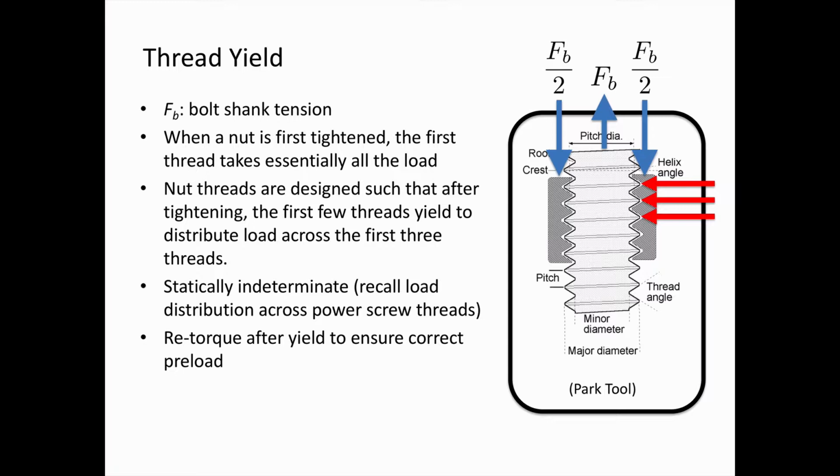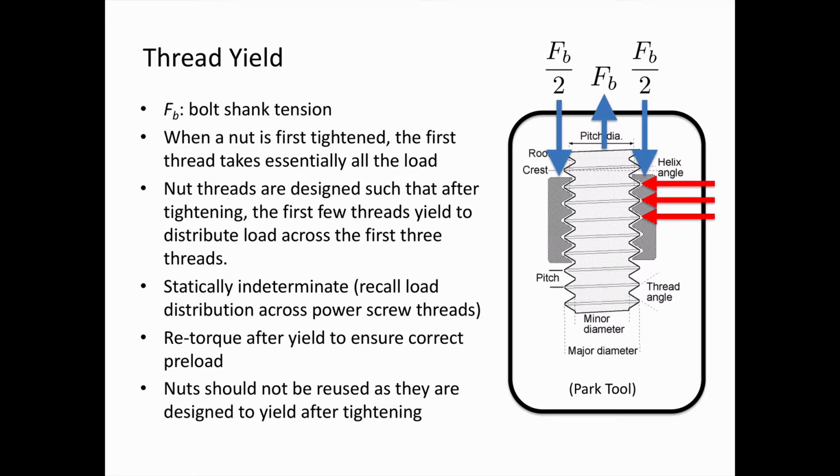For example, the automotive engine cylinder head that we saw, usually the specifications the manufacturer provides for installation of a cylinder head along with a gasket specifies the order in which the bolts are to be tightened, usually in stages, and then after the final tightening and after some time has elapsed, then you go back and tighten everything again. And I've mentioned earlier as well that nuts should not be reused as they are designed to yield after tightening.